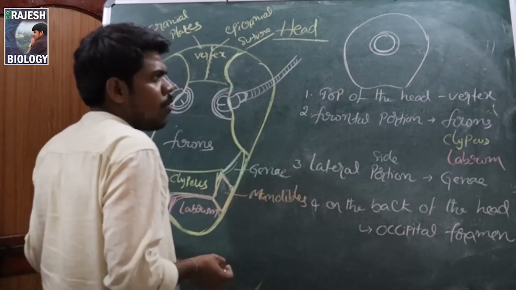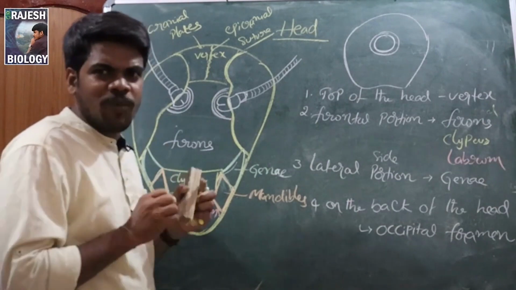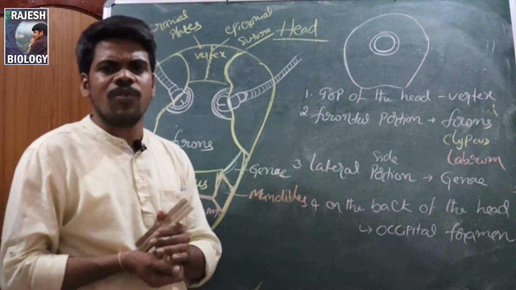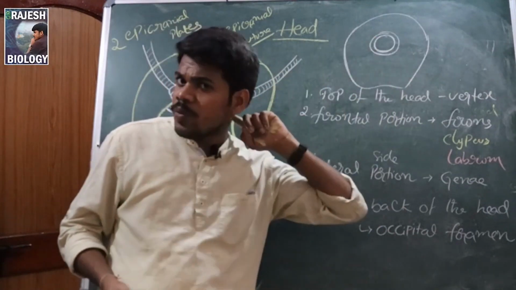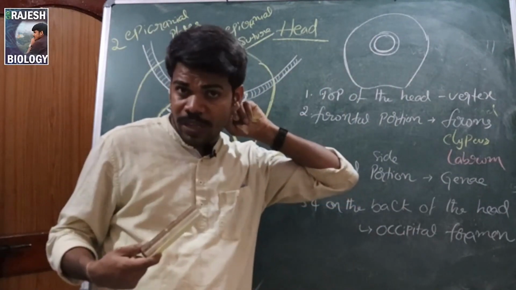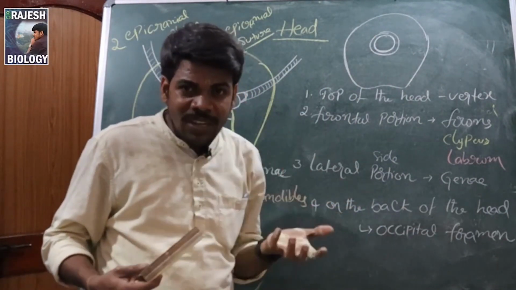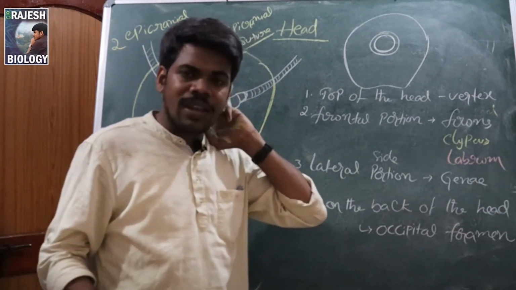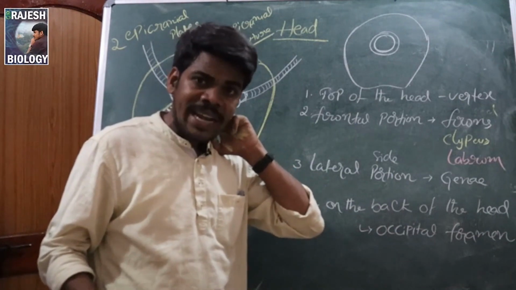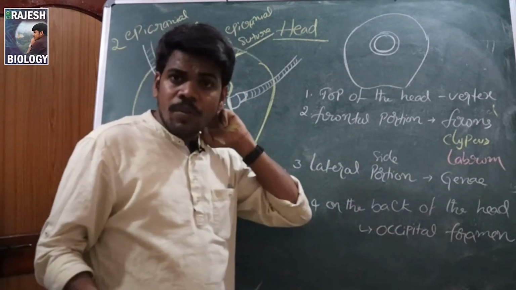Foramen means hole. There is a big hole. And here also we have the hole. In our human body also there is a hole at the posterior of the head, and that is called foramen magnum, and that is present in the occipital bone.